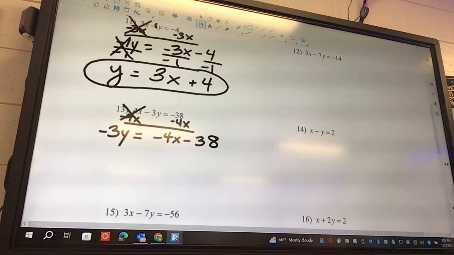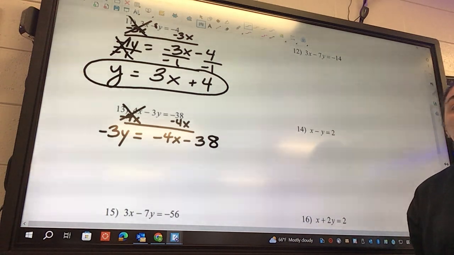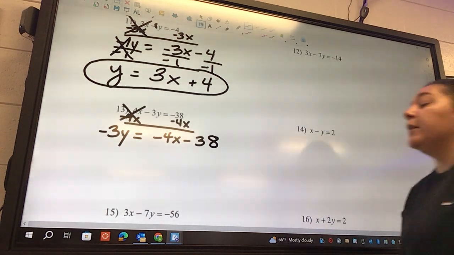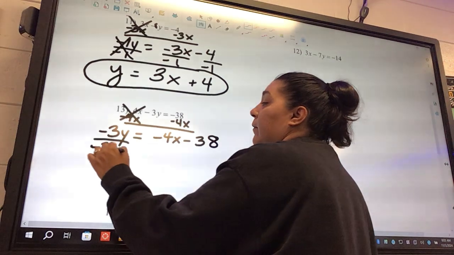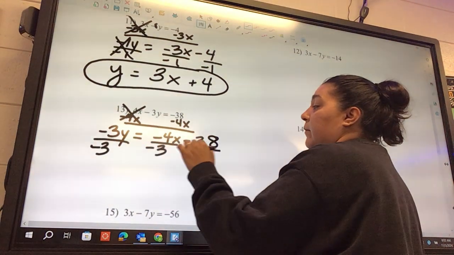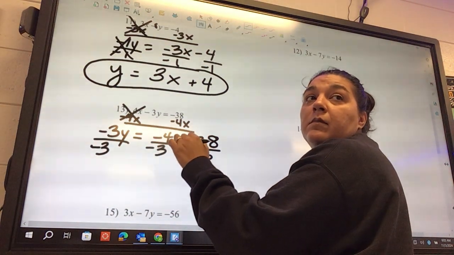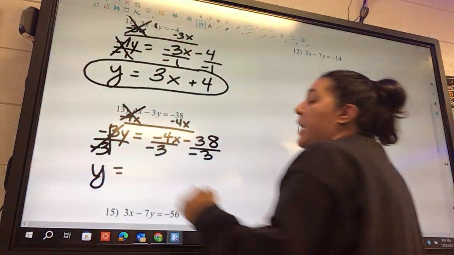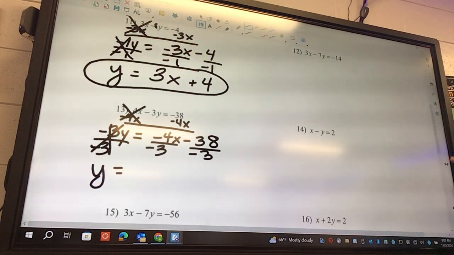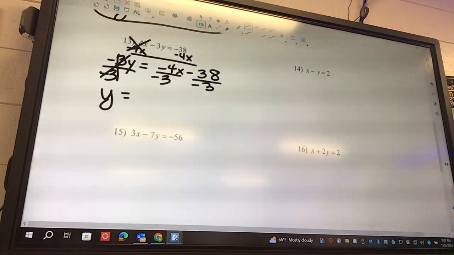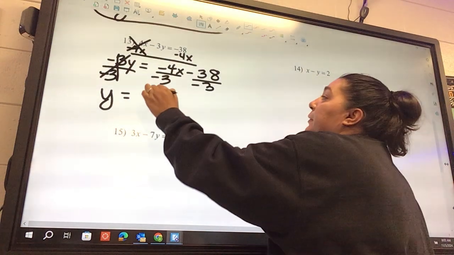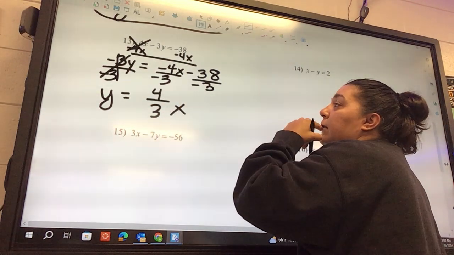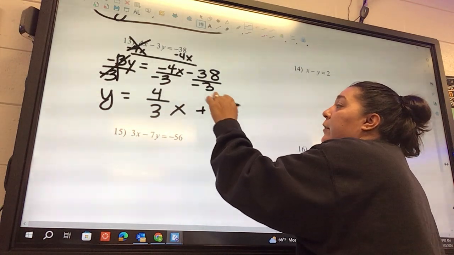What do we do next? Divide by negative 3. Negative 4 divided by negative 3? 4 over 3. Negative 38 divided by negative 3. Is it 38 over 3? Yeah.